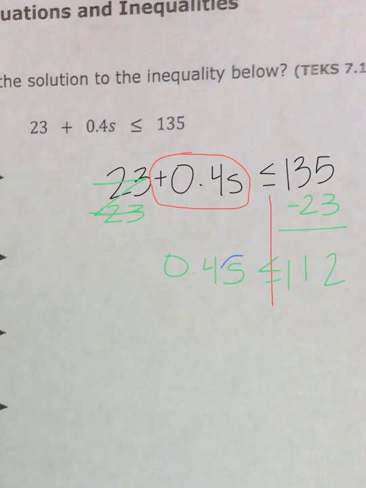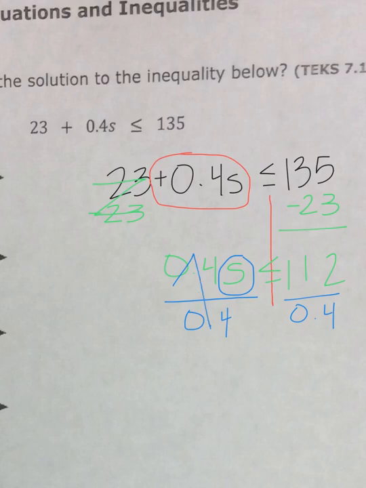So now I'm going to isolate my variable, which is the s still, using multiplication or division. Right now that 0.4 is multiplying times the s, which means I need to do the opposite. The opposite of multiplying is dividing. So I'm going to divide by 0.4 on both sides.